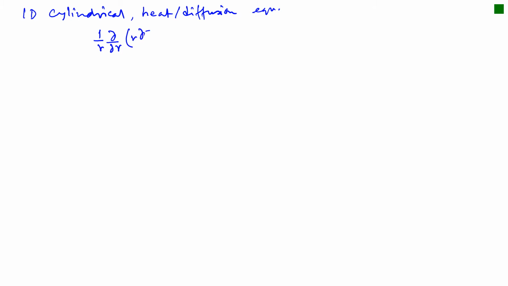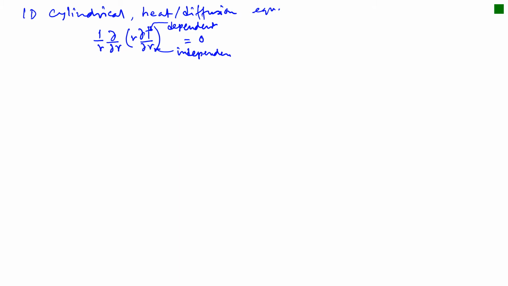In 1D cylindrical coordinates, the heat equation or the diffusion equation is 1 over r del/del r of r del T/del r equals 0, where T is the dependent variable and r is the independent variable.